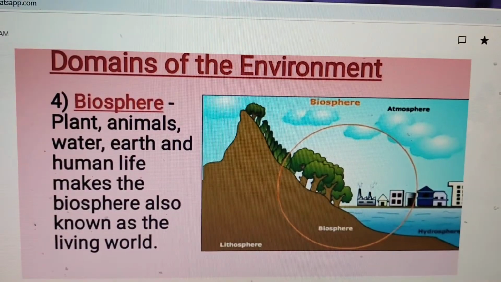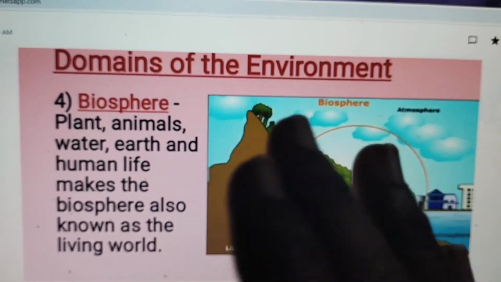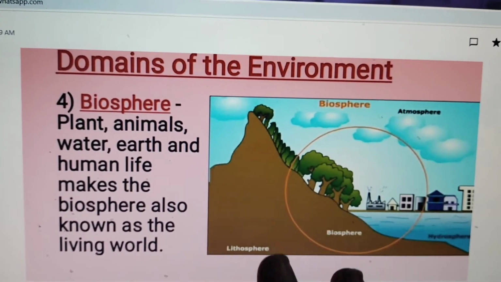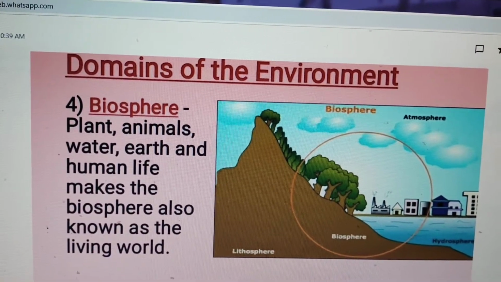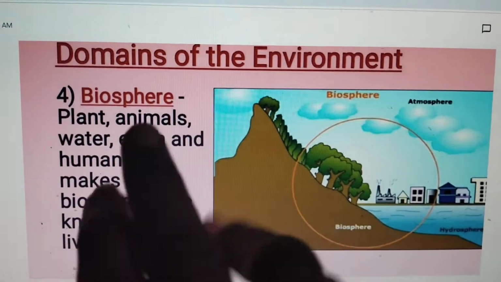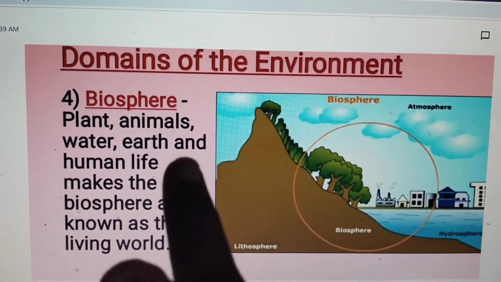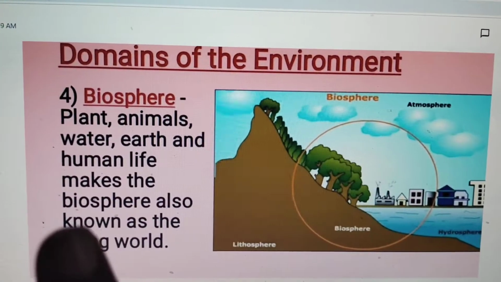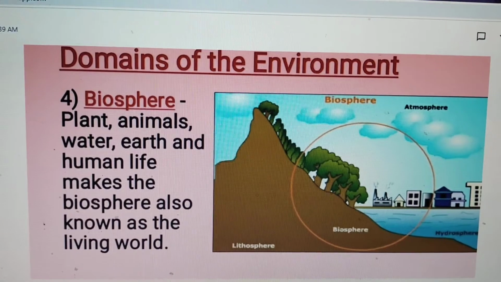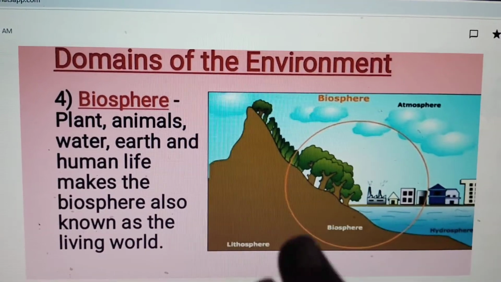The next one is the biosphere. Biosphere is nothing but the land, water and air together making the biosphere, isn't it? All the living organisms need the biosphere. For example, plants, animals, water, earth and human life make the biosphere, also known as the living world. Plants, animals, earth, humans all need these three things: land, water, air.